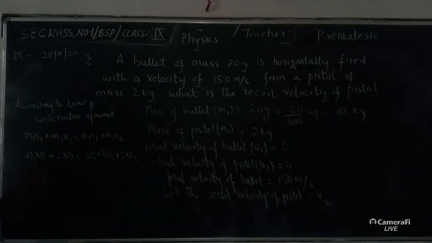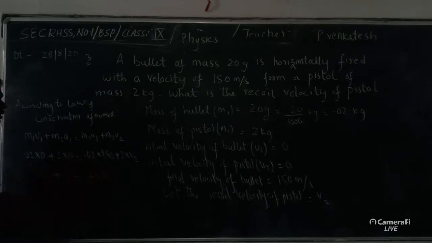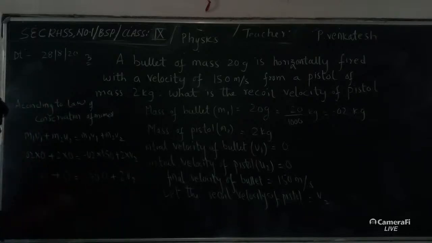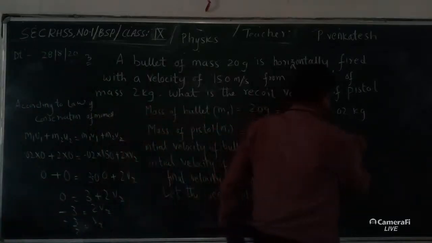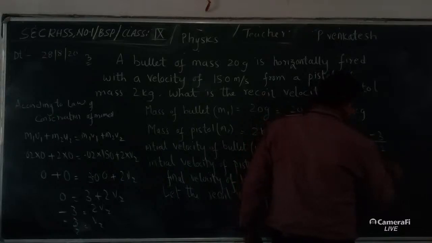So 0 plus 0 equals 3 plus 2V2, or minus 3 equals 2V2, or V2 equals minus 3 upon 2, that is V2 equals minus 1.5.